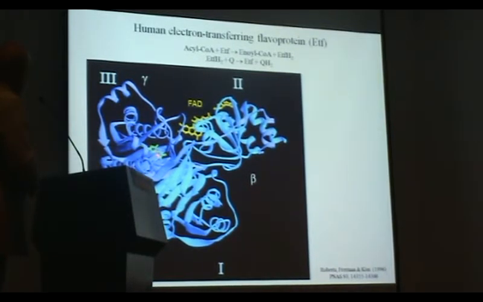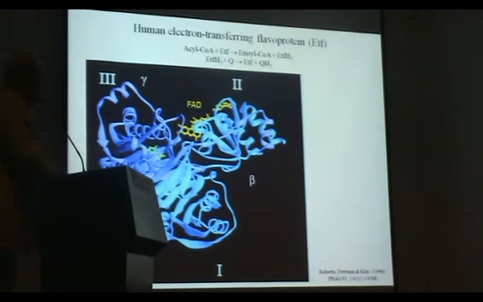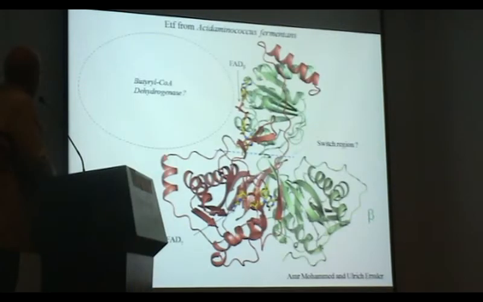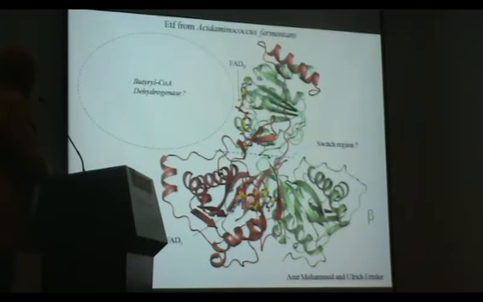And here you see a molecular fossil, that is AMP. The structure was already known 15 years ago, but nobody knows what this does. Probably it's just a remnant, because last week, almost two weeks ago, we got the structure of the Clostridial ETF, and you see here we have the same.